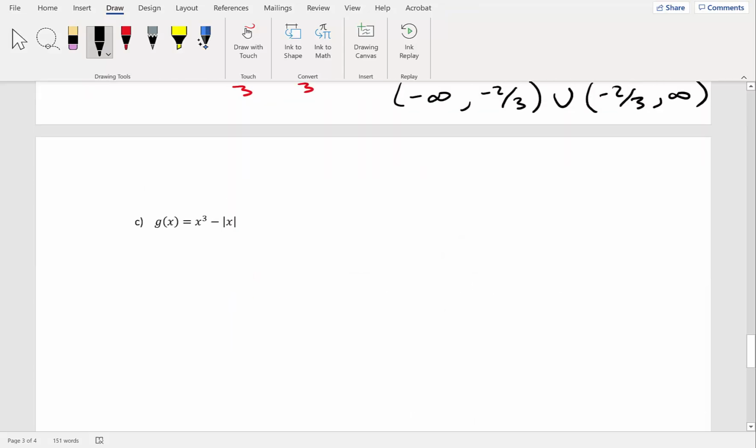Since nothing's going to make this undefined, our domain here is all real numbers. If we write it out in interval notation, we have from negative infinity to positive infinity.